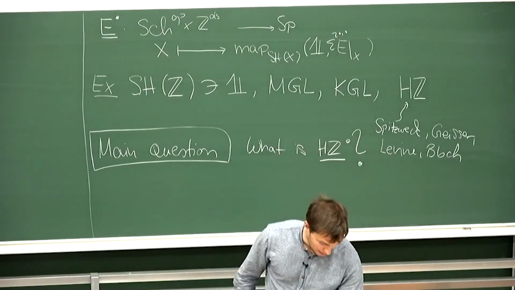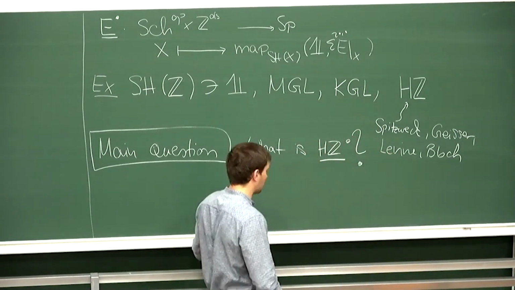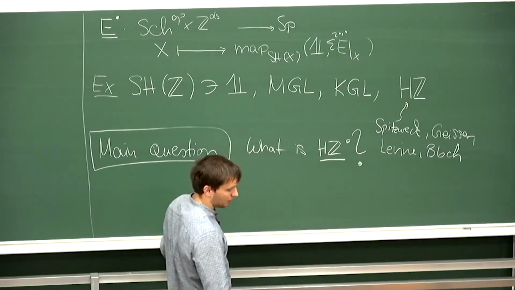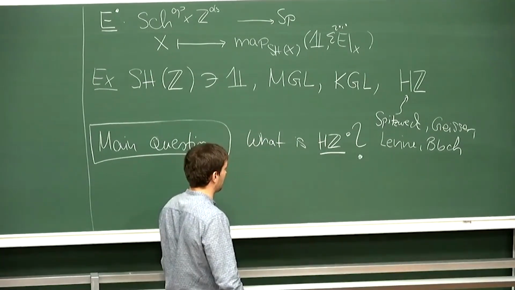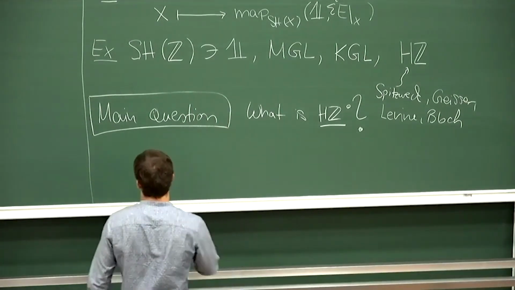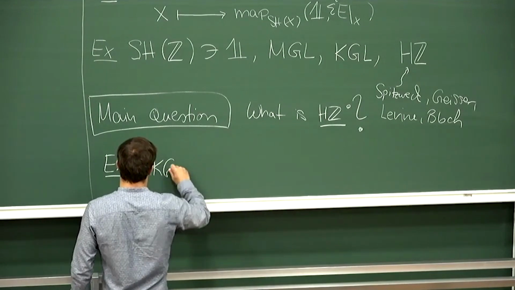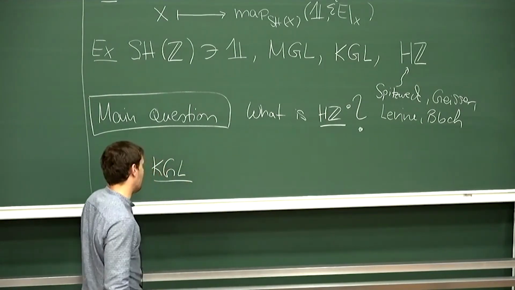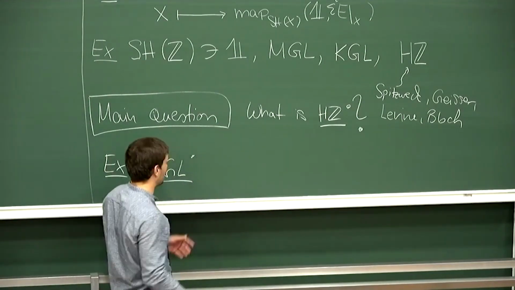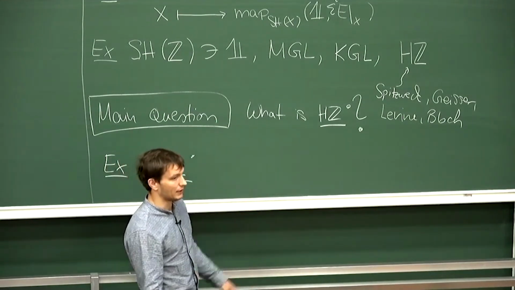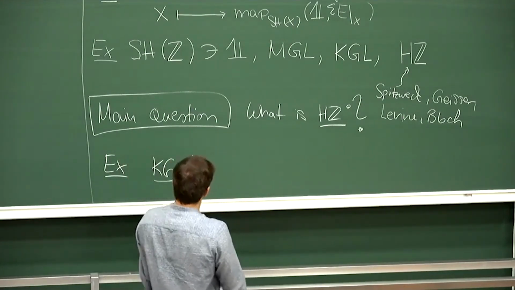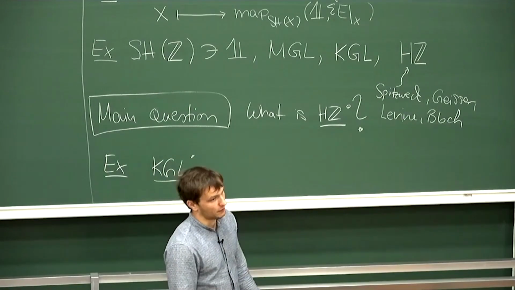Okay. And maybe I will begin with an example. So what is the best possible answer that we could hope for? And this is what happens with K-theory. Okay, so if I take KGL, and I do my underline bullet thing. As I said, it's periodic, so the bullet is kind of pointless. But one can prove that this gives you homotopy K-theory.